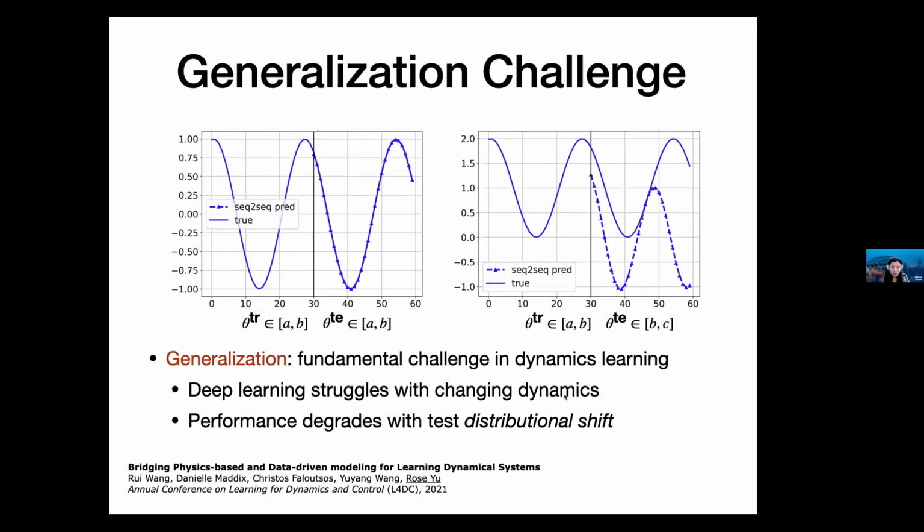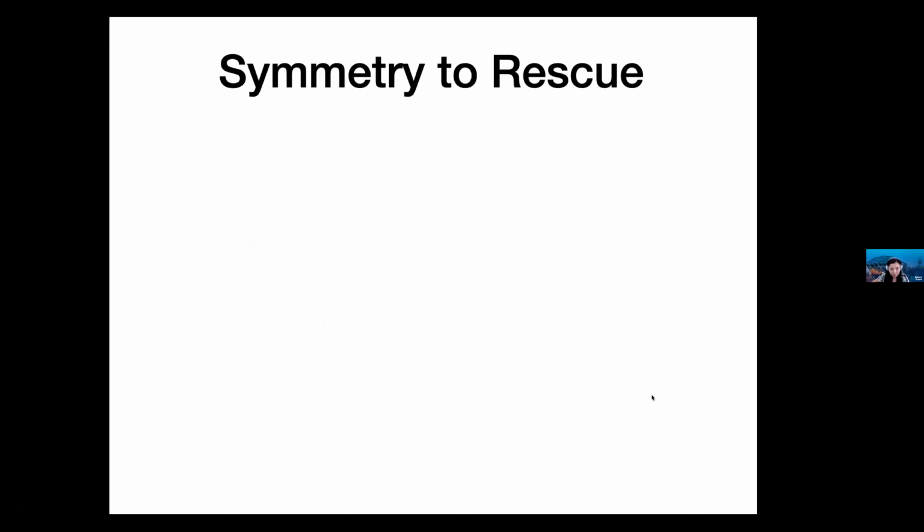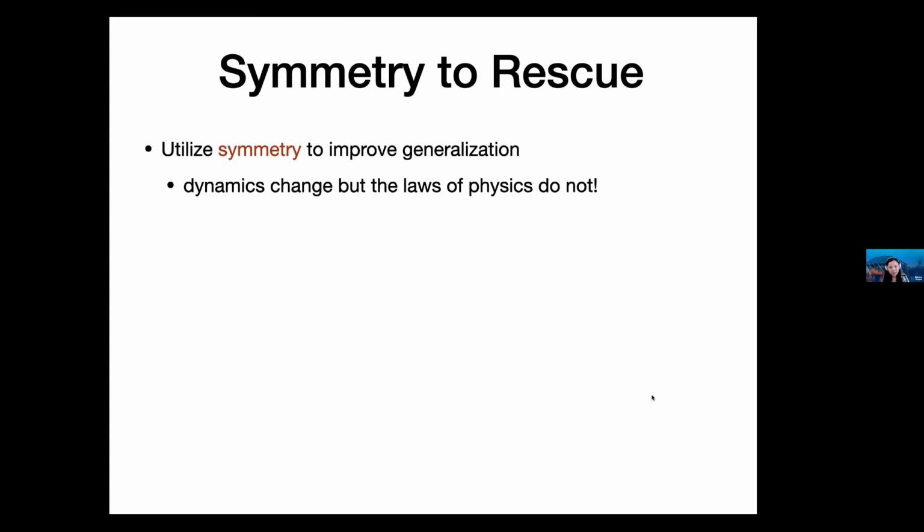Okay, so that's an interesting phenomenon we observe in our papers. How can we resolve this kind of challenge? One idea that we came up with is symmetry, because when we think about learning dynamics, when we change the dynamics distribution, even though the dynamics have changed from training to testing, because we're working with physical dynamics, the laws of physics do not.